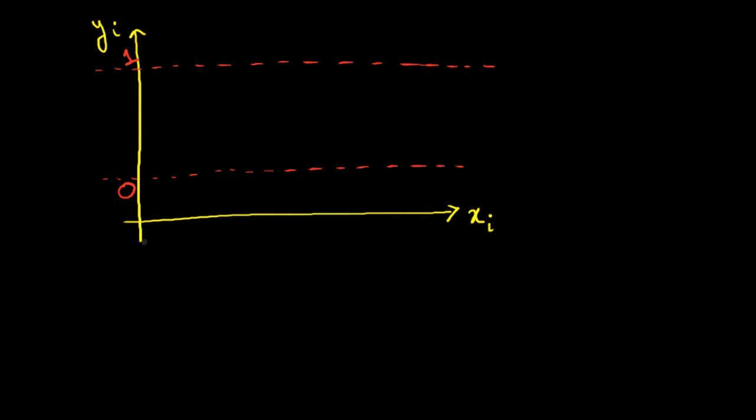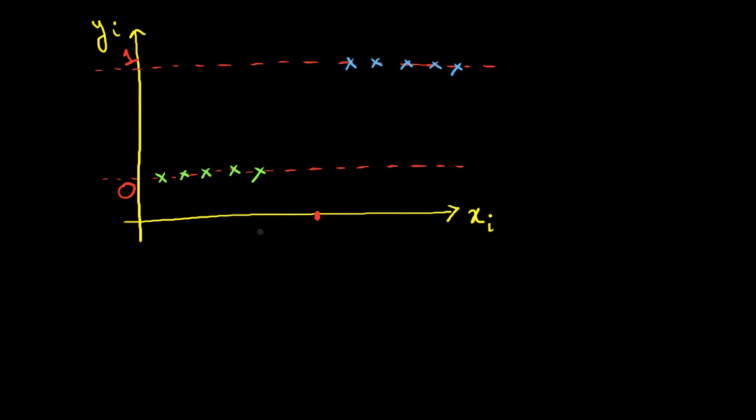And let's say for xi's over here yi is 0, and for xi's beyond a certain limit your yi is over here. Now this data is given to you and your job is to find out, for a new value of xi, let's say over here, how do you predict which class it belongs to, whether it is class 0 or class 1.